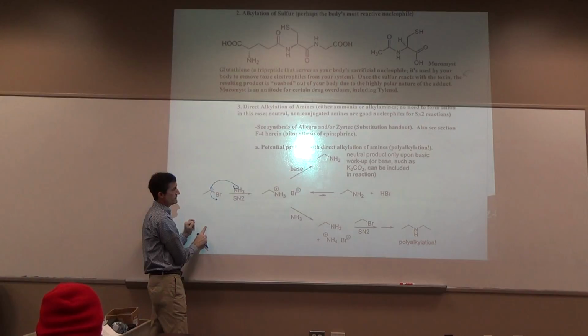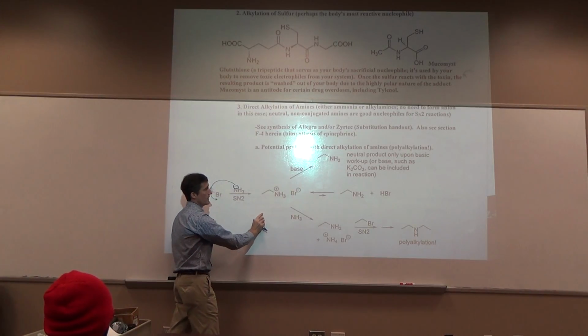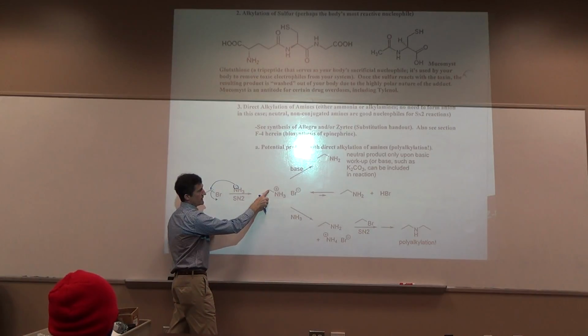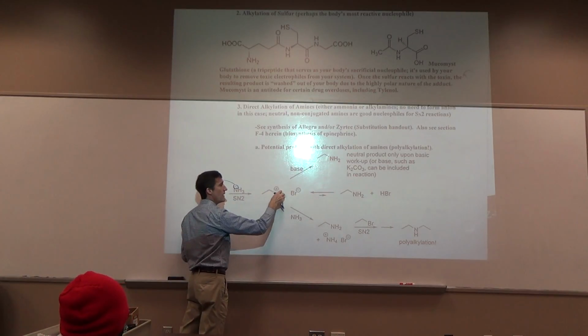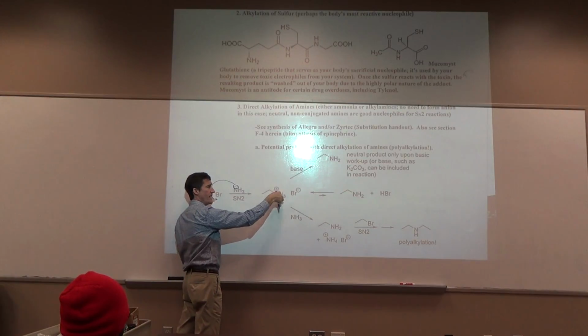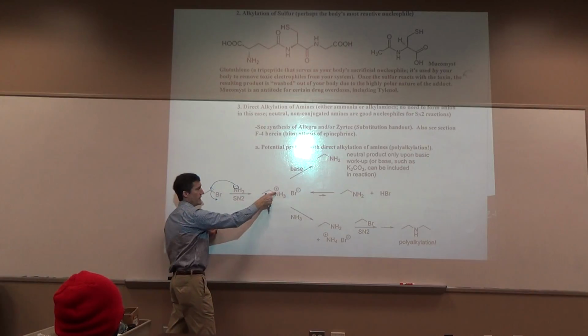What does this give? It gives this here. Because the nitrogen lone pair is now bonded to the carbon, we generated Br minus, but importantly the nitrogen is now positive. Because if you start neutral, it goes positive.